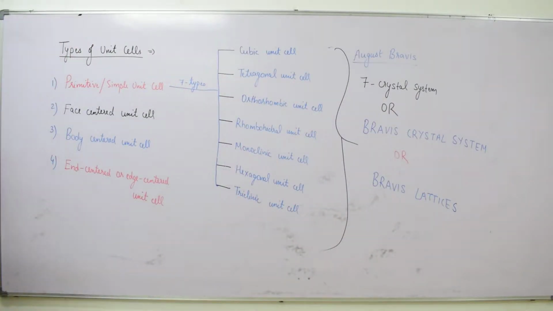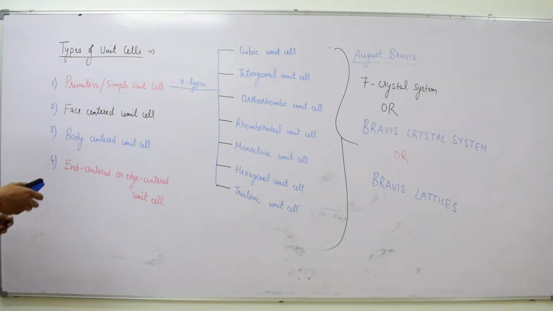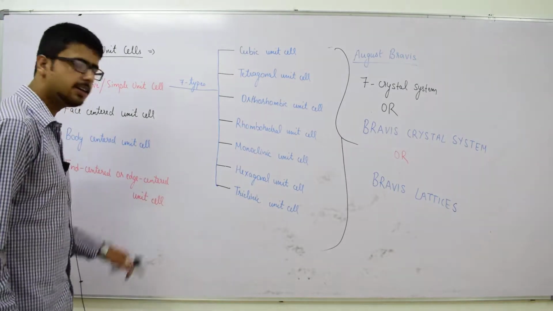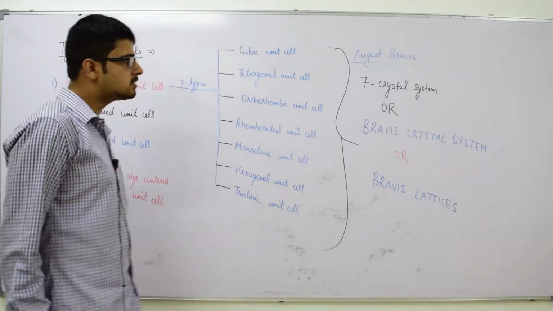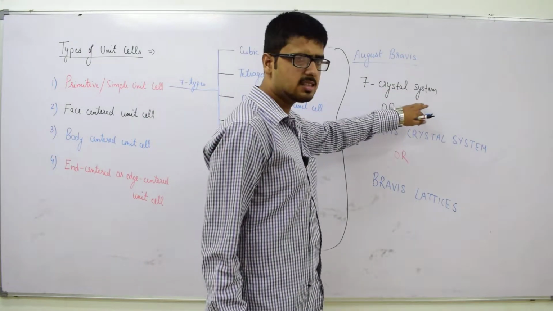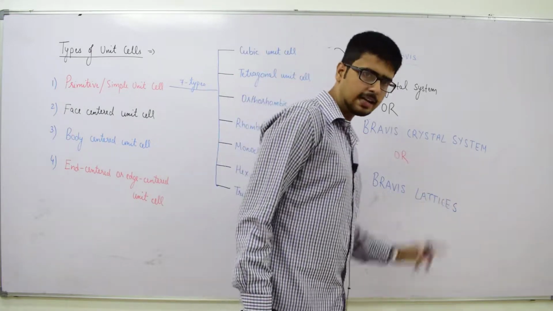So, this is the classification of unit cell. Basically, let us see the types of unit cell. Unit cells are of 4 types: primitive or simple unit cell, face centered unit cell, body centered unit cell, and edge centered unit cell. The primitive or simple unit cell is of further 7 types, called 7 crystal system or Bravais crystal system or Bravais lattices.